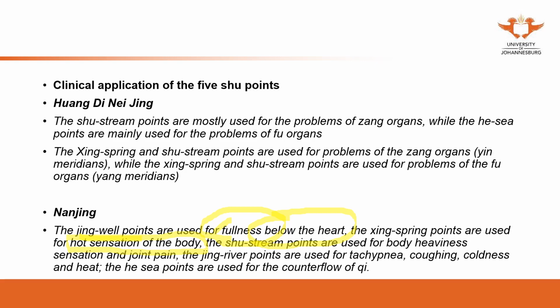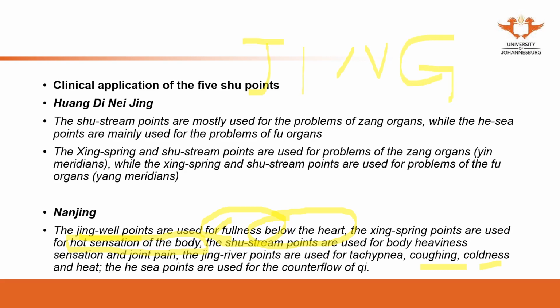The Shu-stream points are used for body heaviness and joint pains. Jing for tachycardia, coughing, coldness, and heat. The first character and the fourth character both spell like J-I-N-G, but in Mandarin they have different tones.